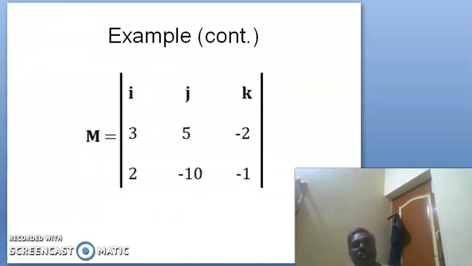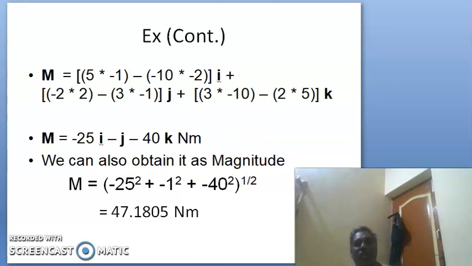So the determinant expression is shown here. That is i, j and k; 2, minus 3, 1; 3, 5, minus 2, as shown in the expression in determinant form. So this should be expanded as shown here.